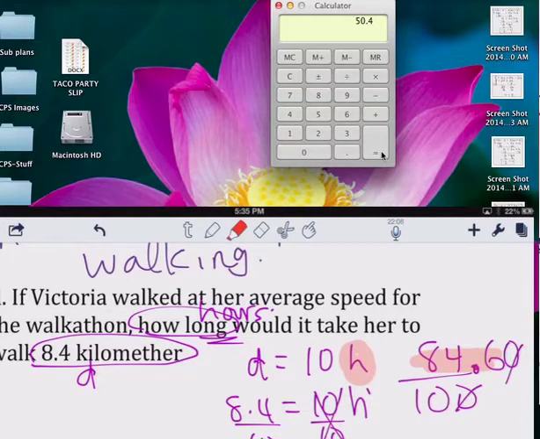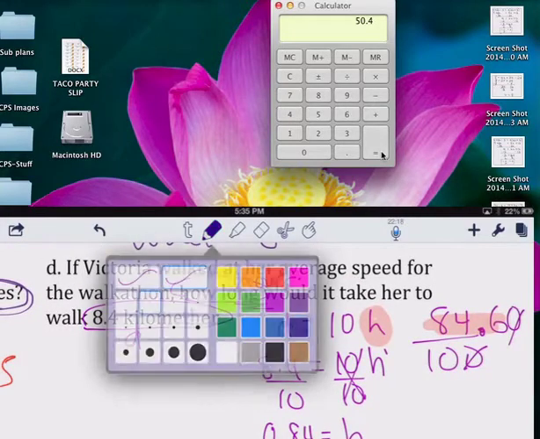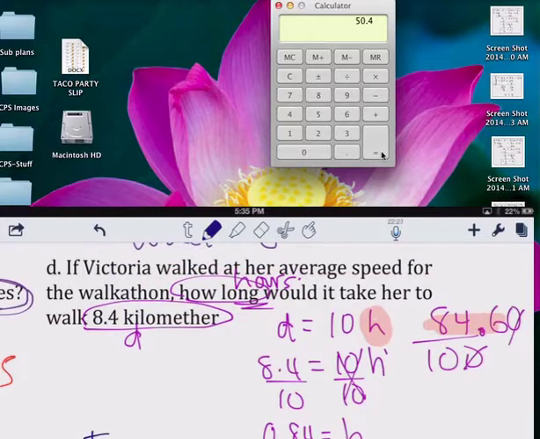Well, it's a little bit over 50 minutes. It would take Victoria 50.4 minutes to walk 8.4 kilometers.